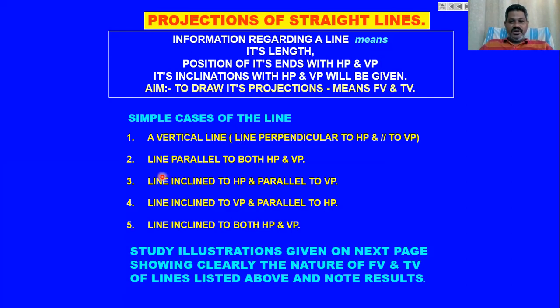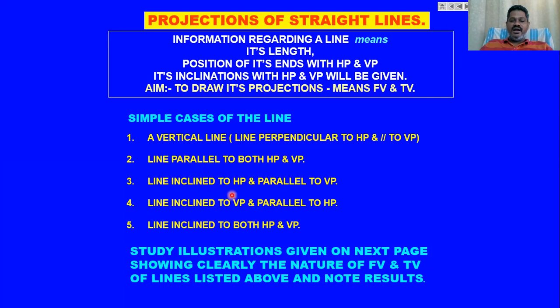And we may also come across a case where the line is parallel to both HP and VP. This is a horizontal line. When we draw a horizontal line in the first quadrant, that line is parallel to HP and VP. This case also we are going to come across in the projections of the lines.